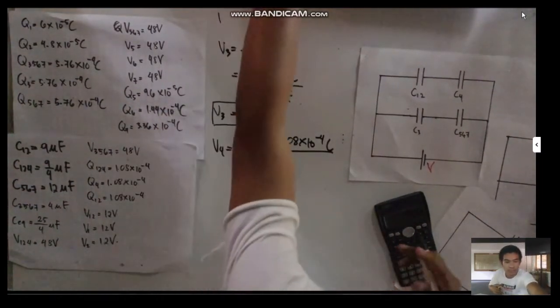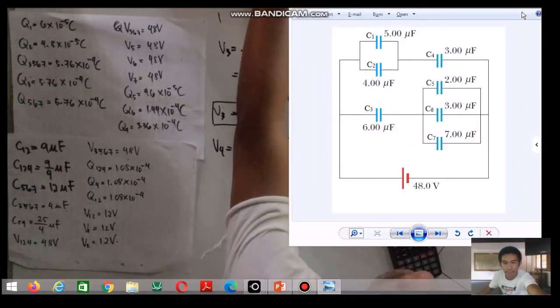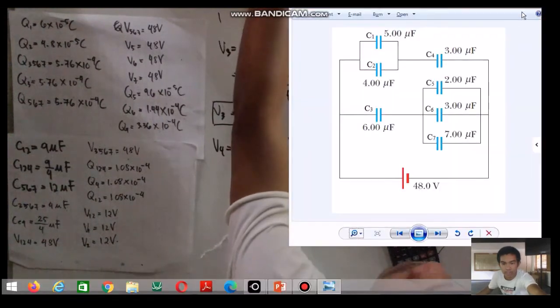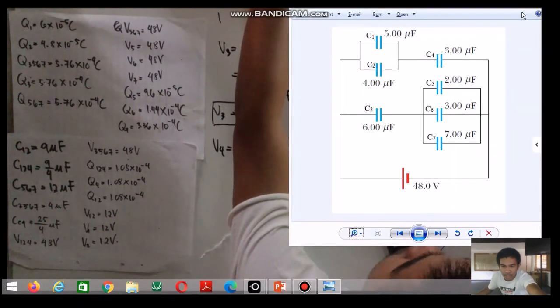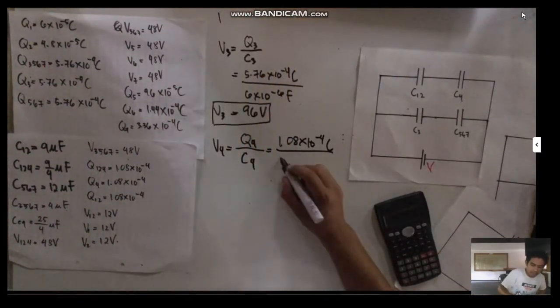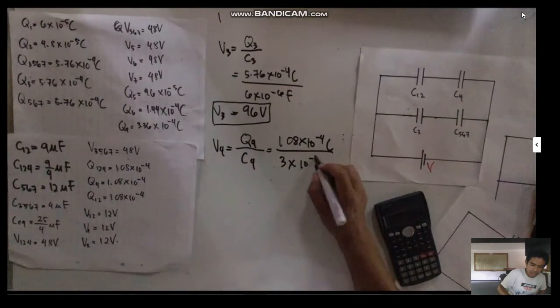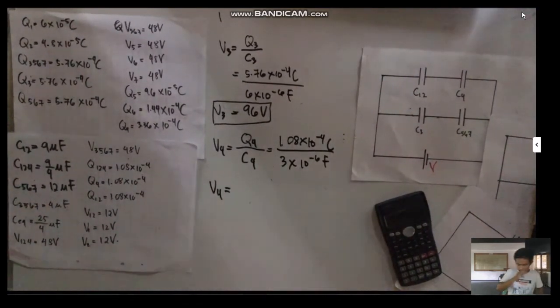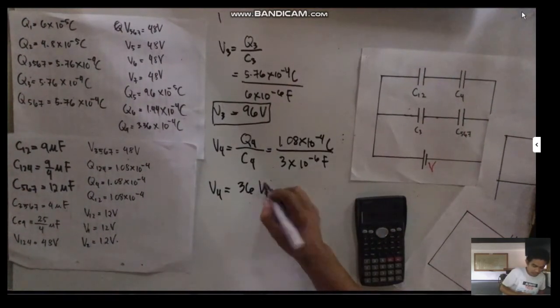What is C4? C4 is 3 microfarad. Double check. So this is over 3 times 10 to negative 6 farad. Then V4 is 36 volts.